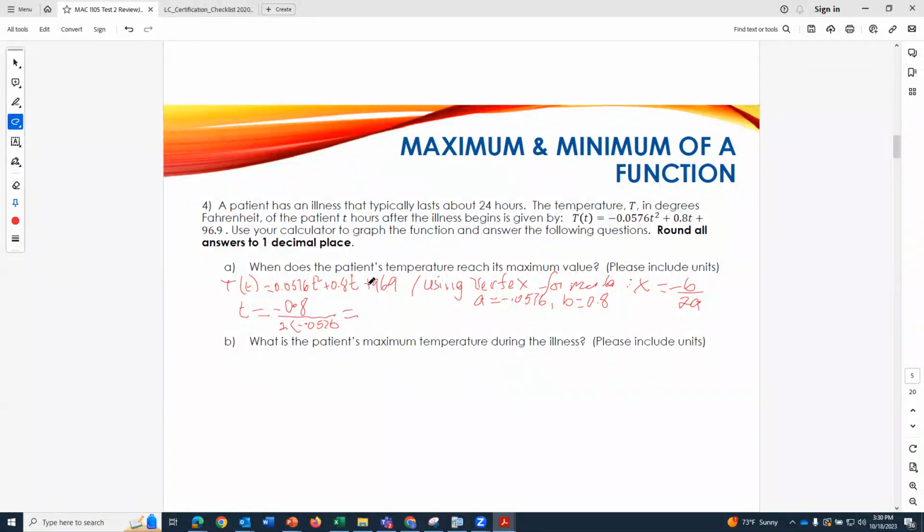And when we calculate that, let's use a calculator: negative 0.8 divided by 2 times negative 0.0576.